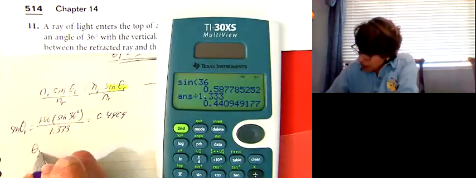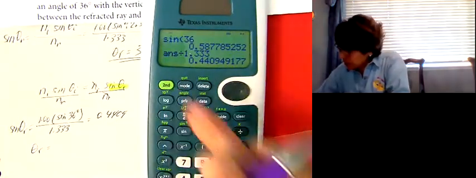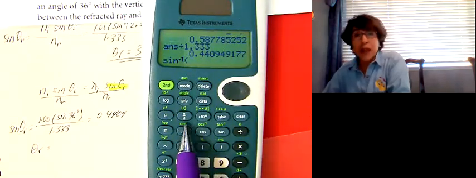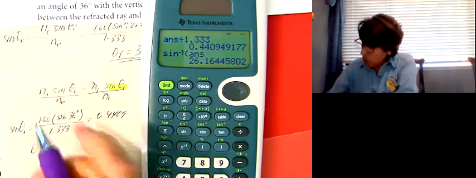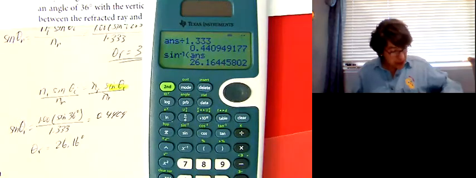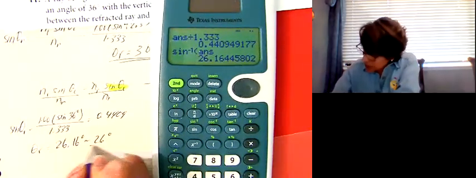So the refracted angle is the arc sine. I take the sine to the -1 button, see how it's green there, and give me that of the answer above. And there it is, 26.16 degrees, so we can say it's about 26 degrees.